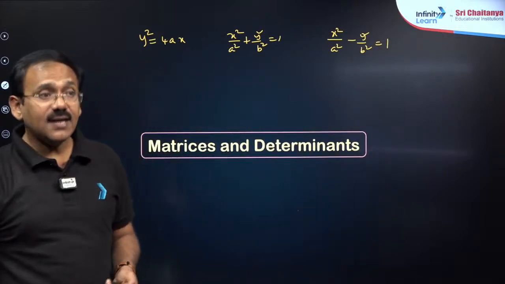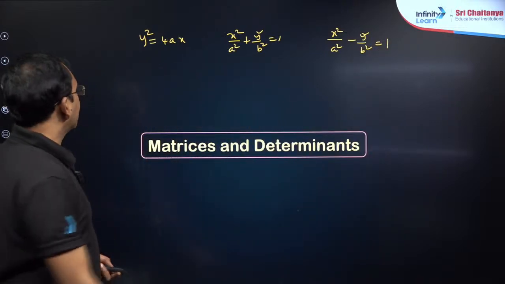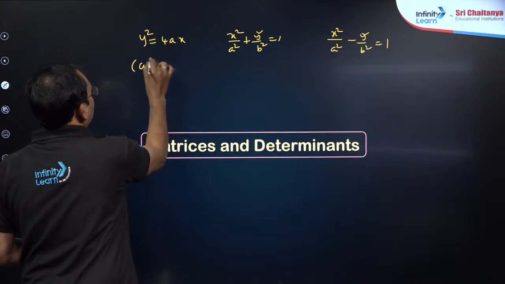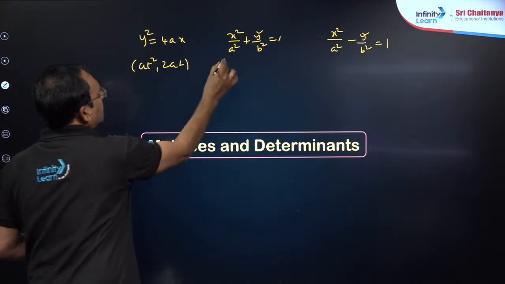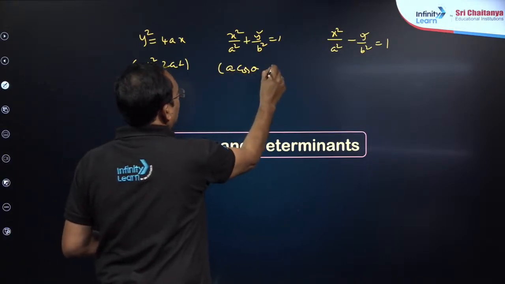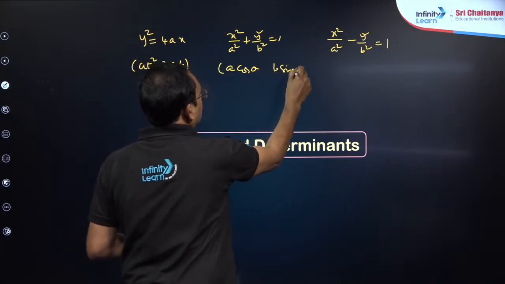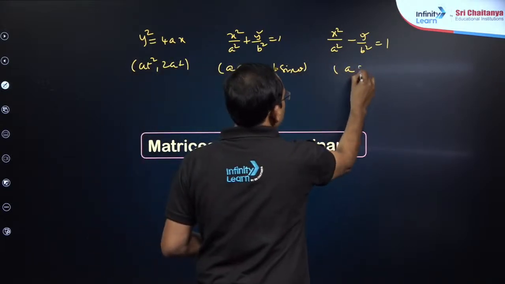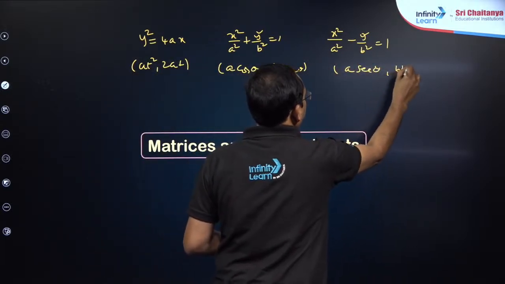The general point will be at square comma 2at, a cos theta comma b sin theta, and a secant theta comma b tan theta.